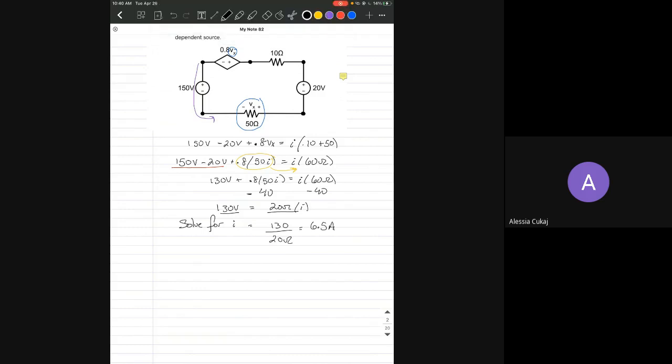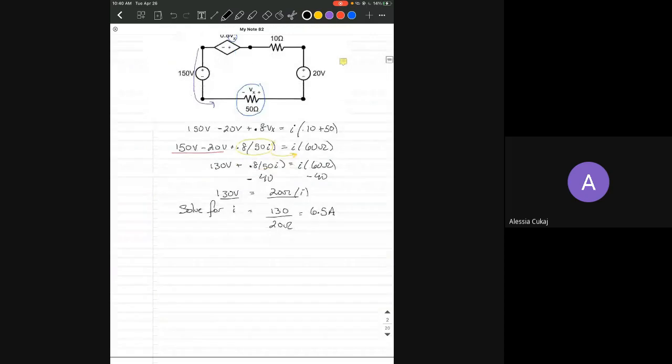Now for the power, given the equation IV, because the source is absorbing the power, it's actually going to be negative IV. So let's plug that in. We're going to get negative 0.8 Vx times the 6.5 amps.